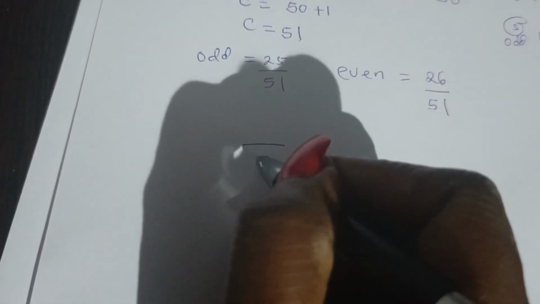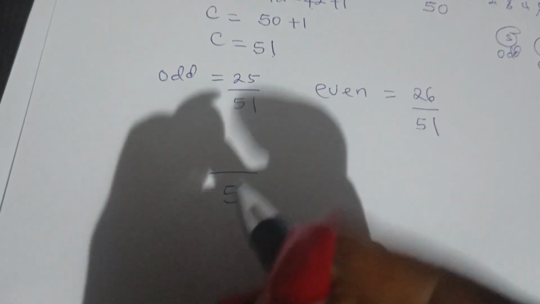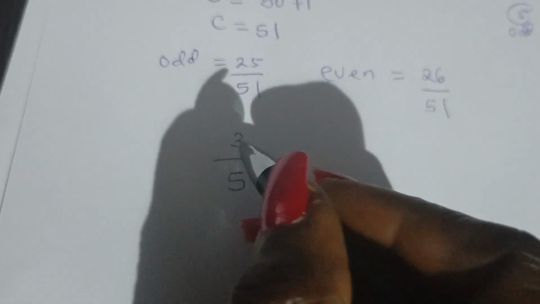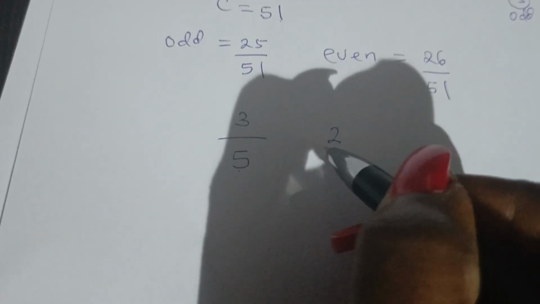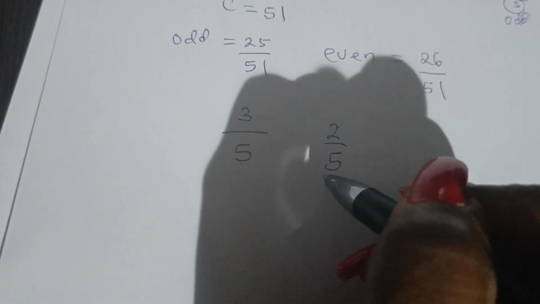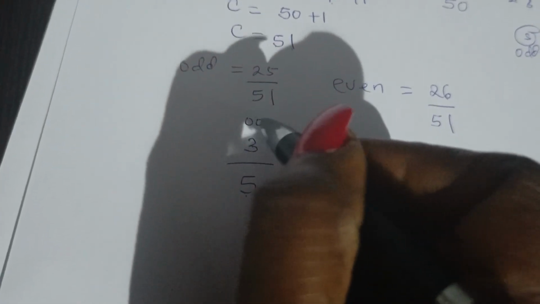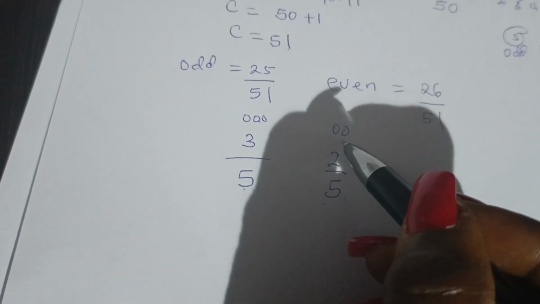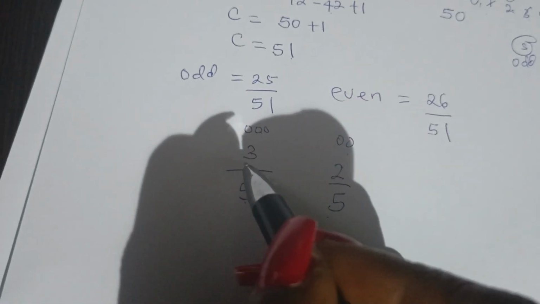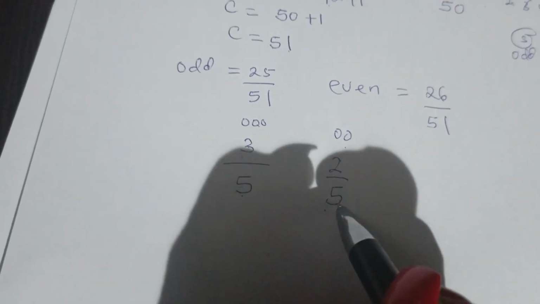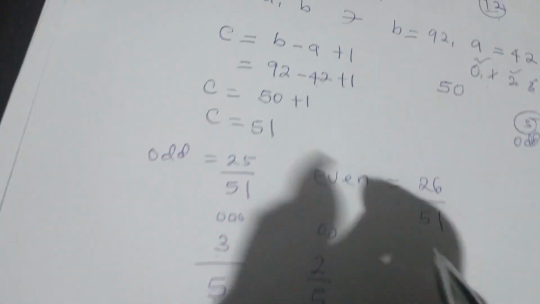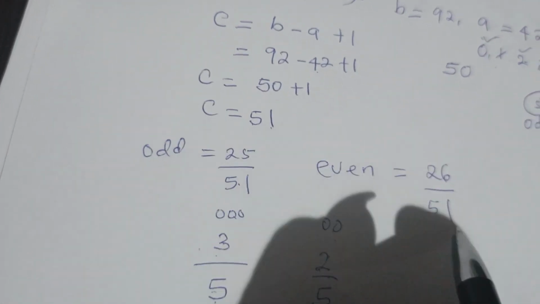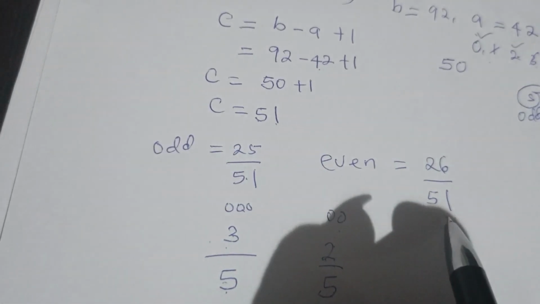So when we have fractions, now let's go to a smaller fraction. If I have 3 out of 5 and the other person has 2 out of 5, out of 5 I gave the other person 3 and the other person 2. Who has the highest? The person with 3, because we have equal quantity sharing in between us. So we have 51 sharing between odd and even.